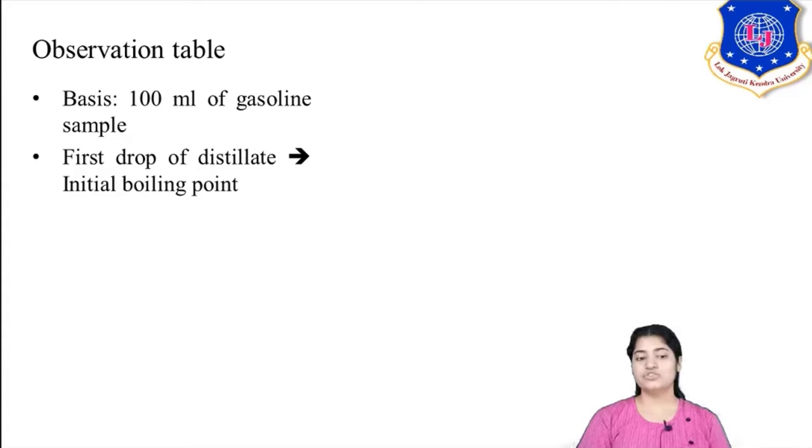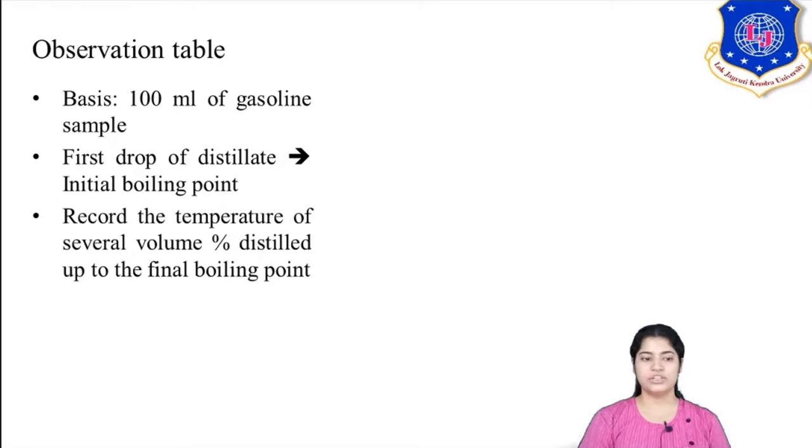The first drop of distillate which I get is your initial boiling point. We discussed that definition in the first chapter also: it is the minimum temperature at which you get the first drop of distillate.